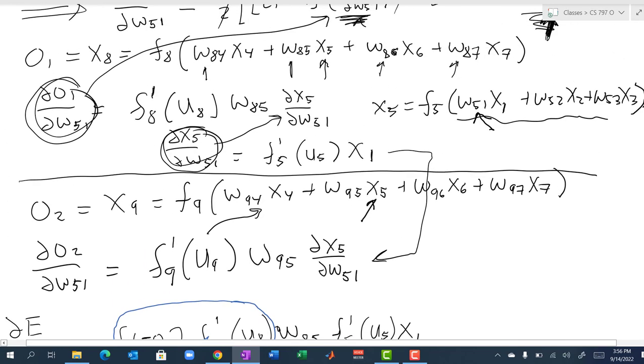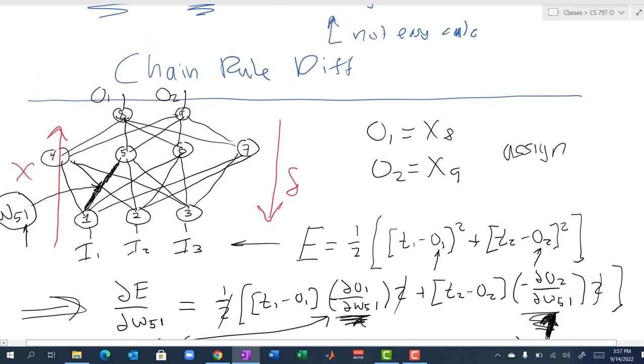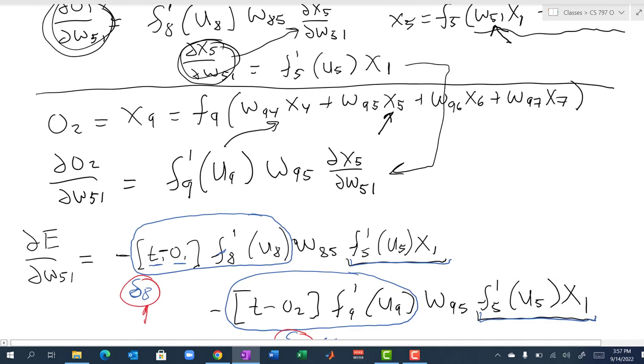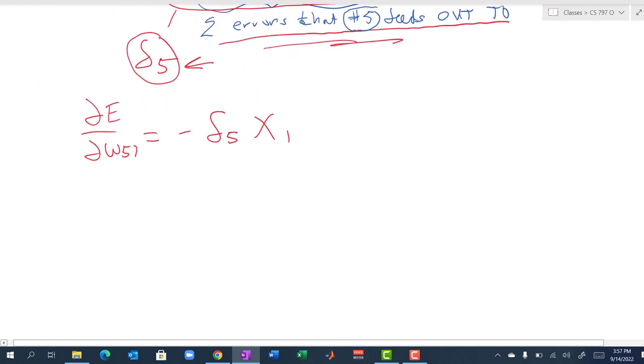And then we go back into our formula for gradient descent, which was way back up here. This is the gradient we were calculating. So we plug that into this formula to get our weight update rule. So when it's all said and done, W51 new is W51 old.